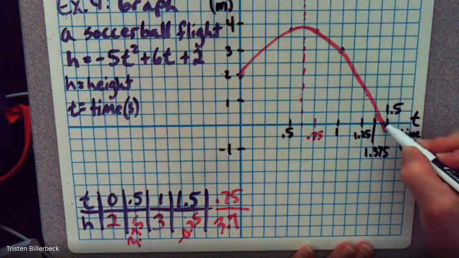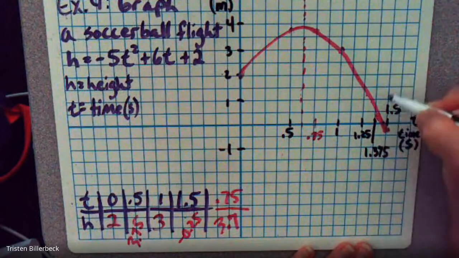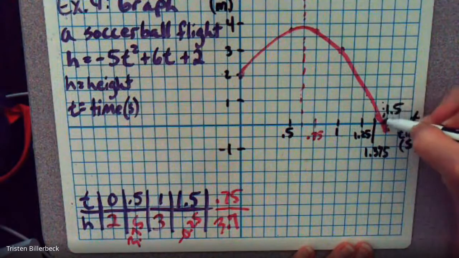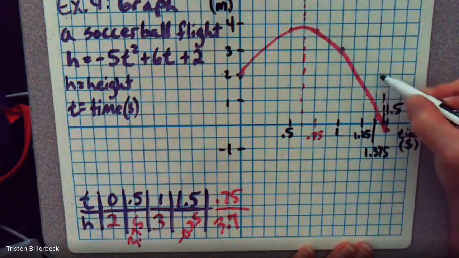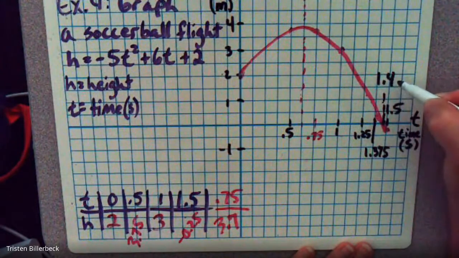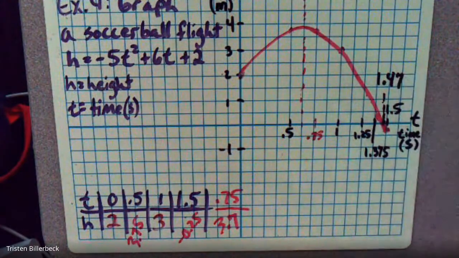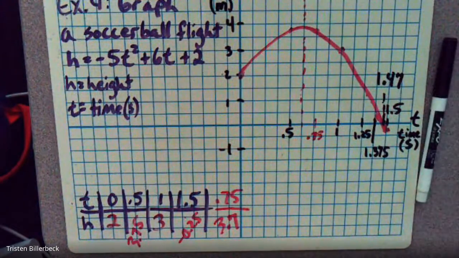So I'm going to say that x-intercept, where it hits the ground, is going to be pretty close to 1.47.